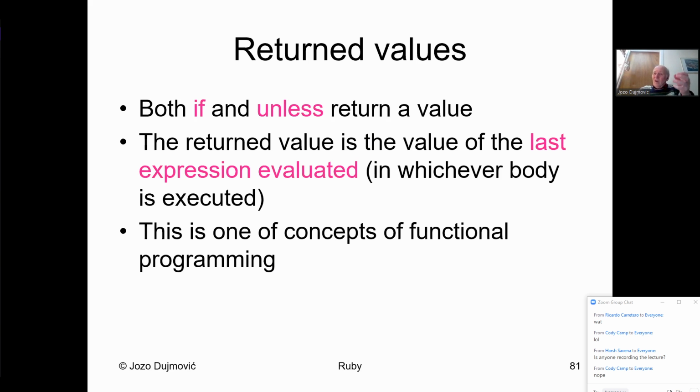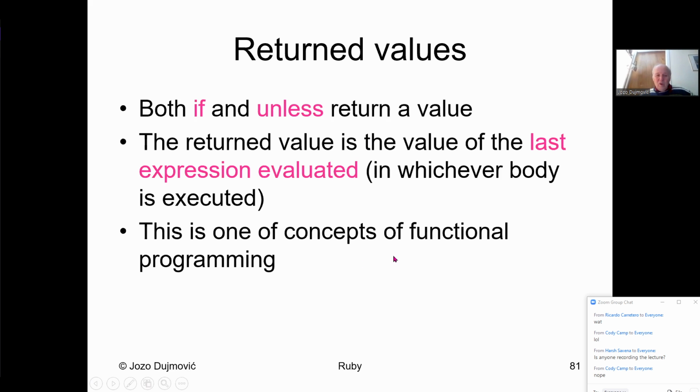So this is returned to you in order that you can use it if you want as the beginning of another expression. So you can have a result that is returned from if that is used as the beginning of another expression or as something that is used in another expression. This is, of course, one of the concepts of functional programming.